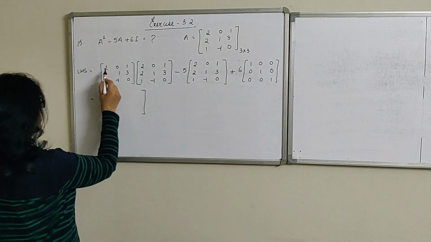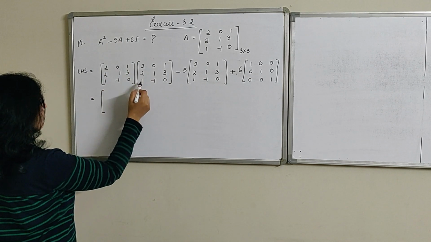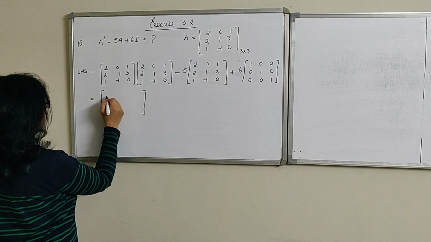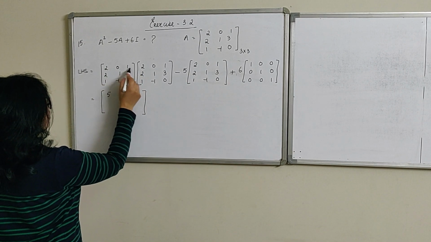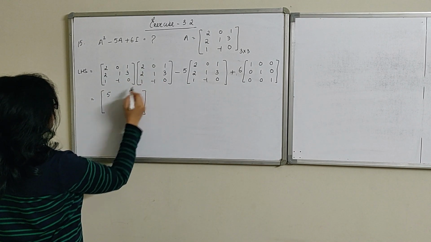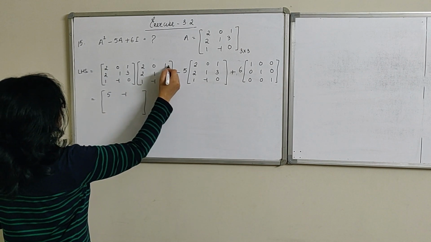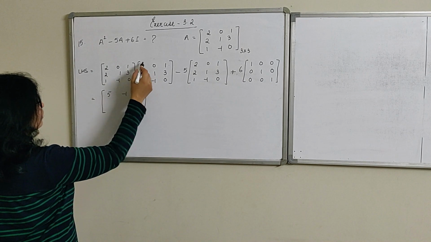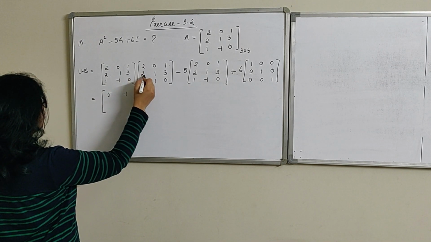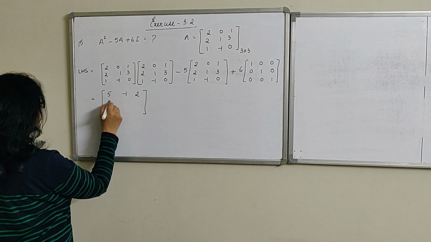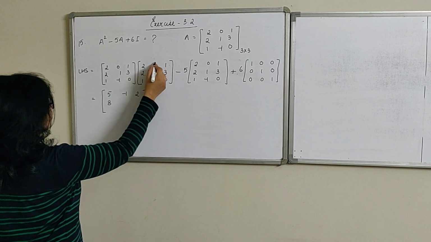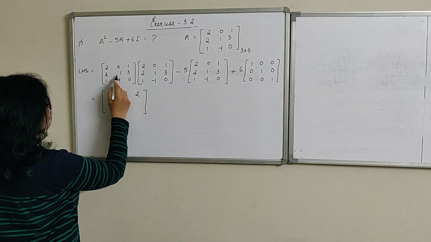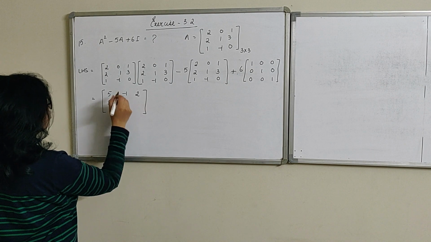So let's perform here. The first row multiplied by this, so this gives us 4 plus 1, 5. This multiplied by the second row, 0, 0, minus 1, 2, 0, 0. Then multiply the second row with the first column, so 4 plus 2, 5 plus 3, 8. First row, second row multiplied by second column, so 0, 1, minus 3, minus 2.